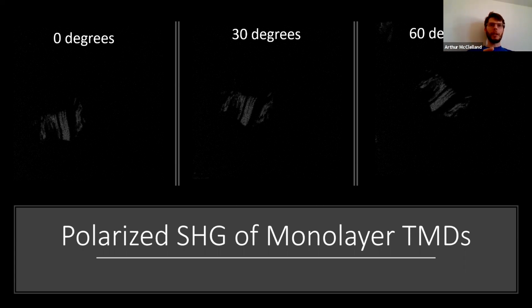In non-centrosymmetric media, you get second harmonic. In centrosymmetric media, you don't. So that means in bilayers of TMDs, transition metal dichalcogenides, the SHG is forbidden, but in monolayers or odd numbers of layers, it's allowed. So people want to use it as one measure of, do I have a monolayer or a bilayer? Because those can get very hard to distinguish in certain cases.